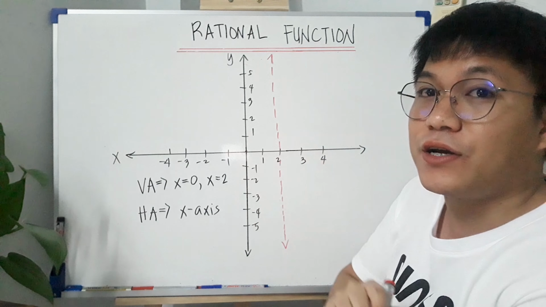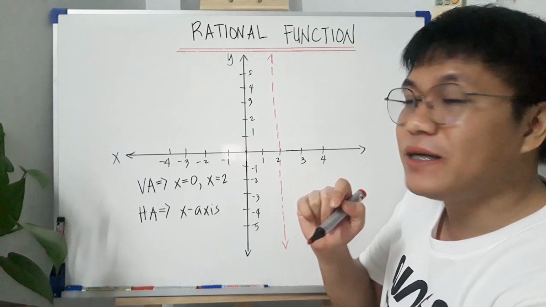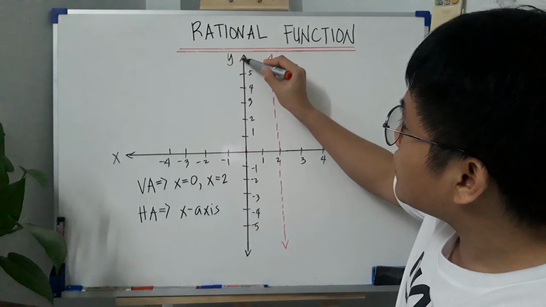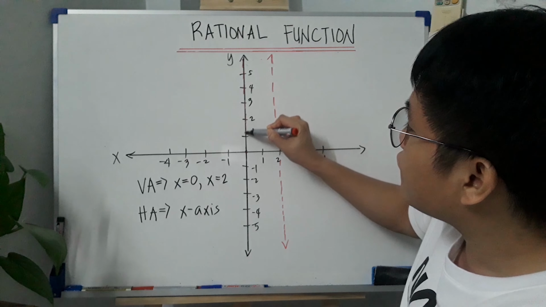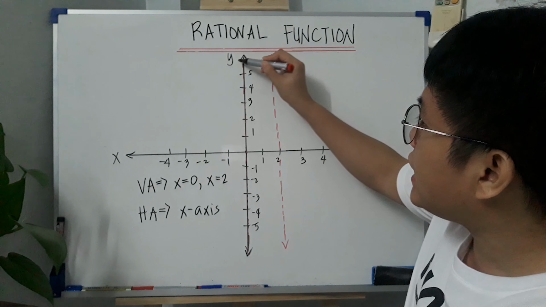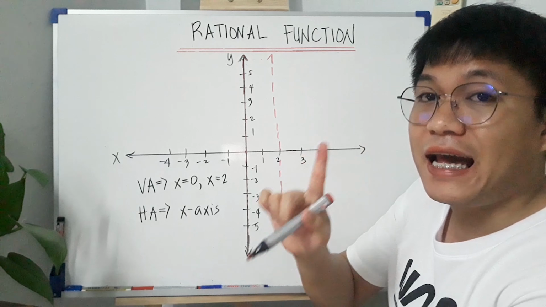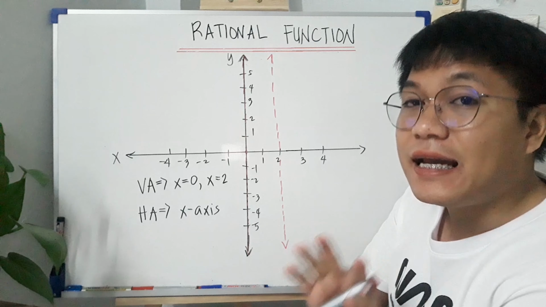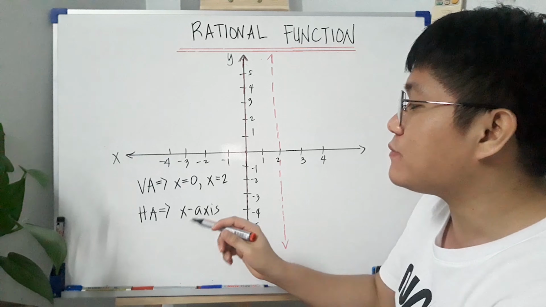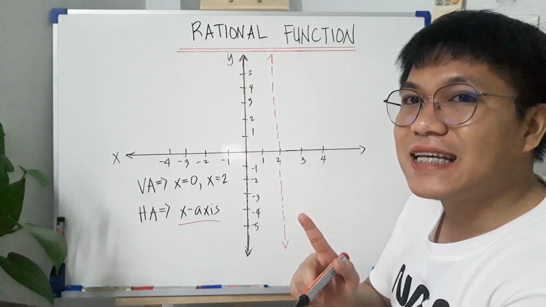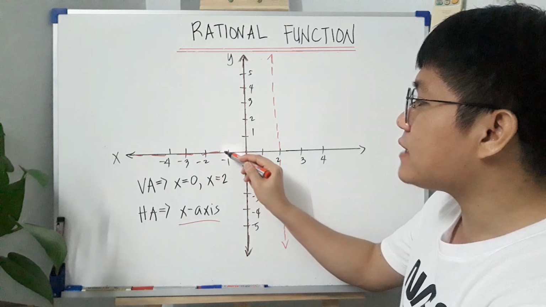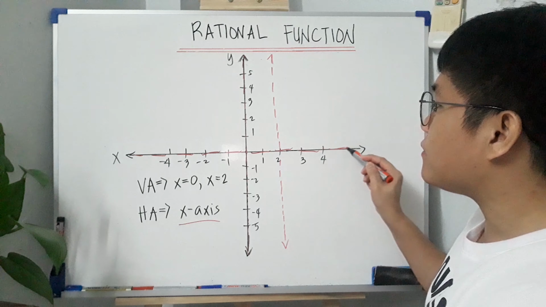The other vertical asymptote is the line x equals 0, or simply the y-axis. And our horizontal asymptote is our x-axis. Therefore, this one right here is our horizontal asymptote.